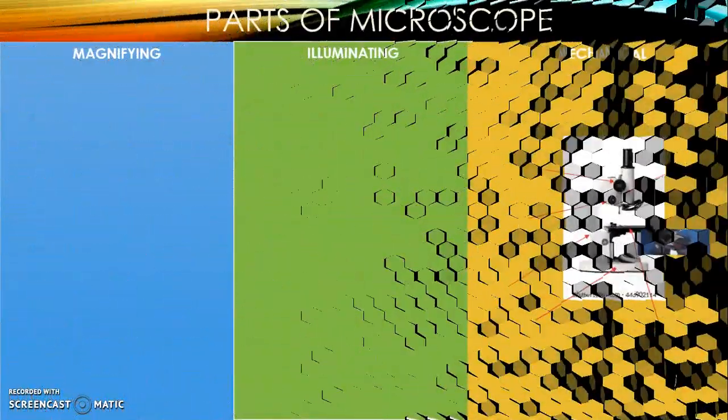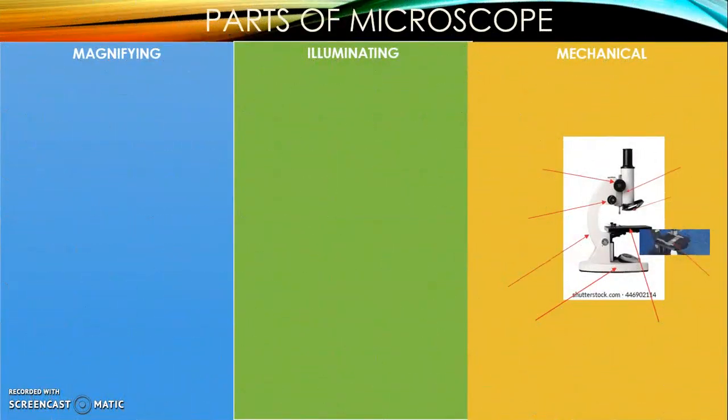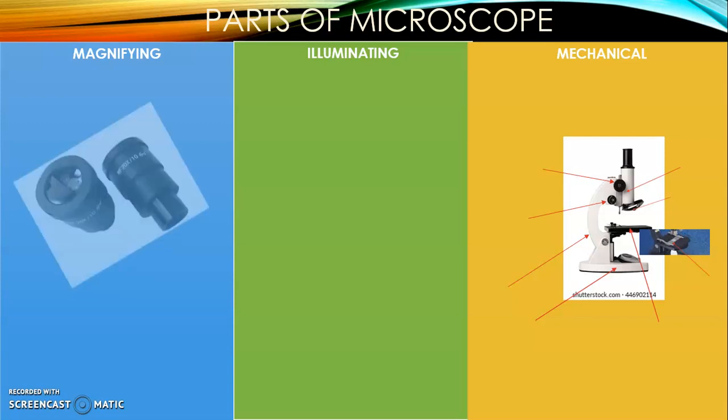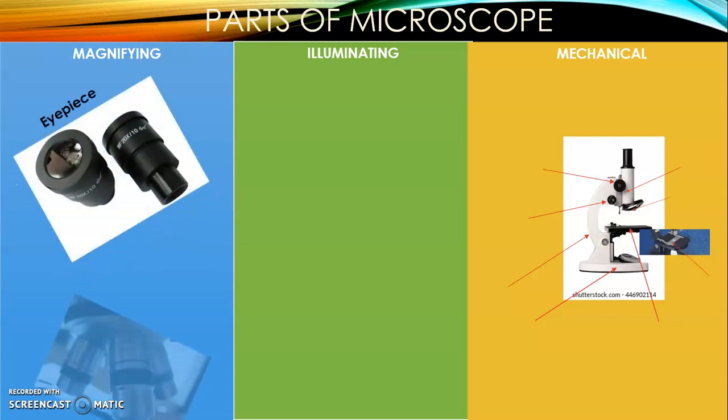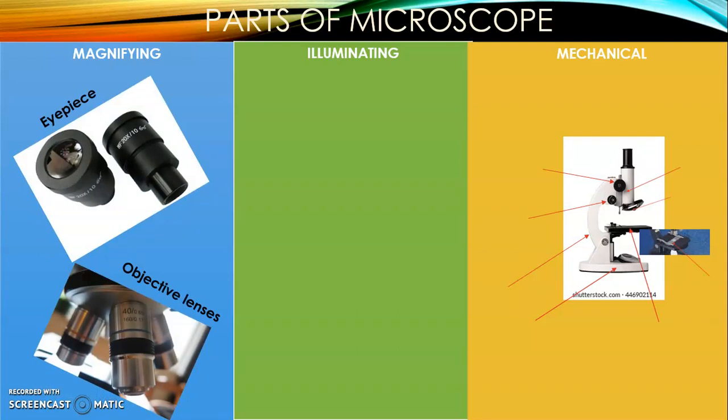Moving on with the parts of the microscope. The parts of a microscope can be divided into 3 parts: the magnifying, illuminating, and mechanical. The magnifying parts of the microscope include the eyepiece and the objective lenses.